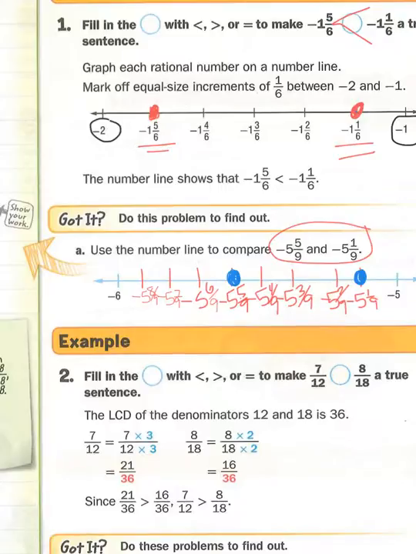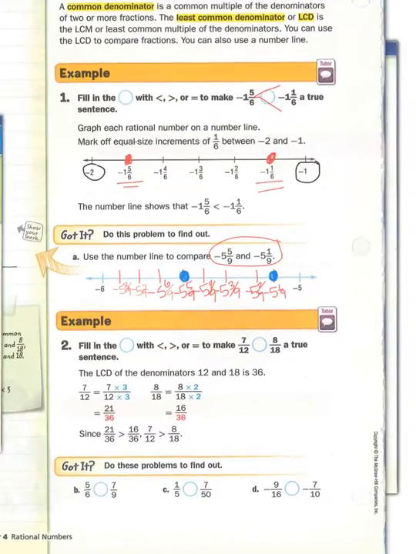So again, whatever is to the right on the number line is going to be the bigger number. So -5 1/9 is a bigger number than -5 5/9. So the way that we would write this, we would say -5 5/9 is less than -5 1/9.